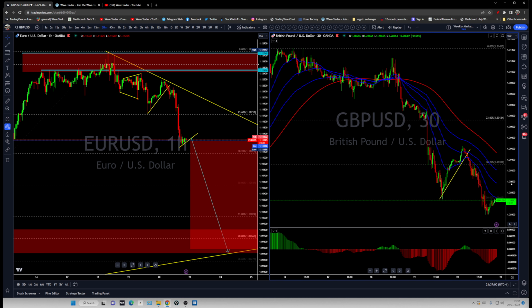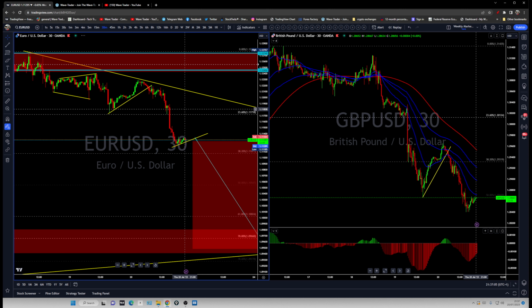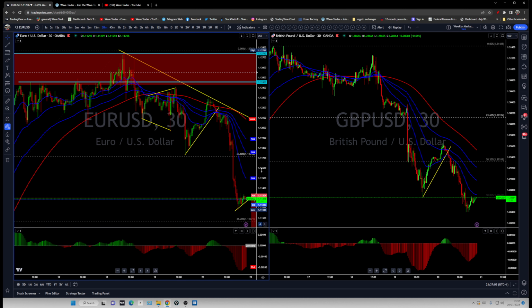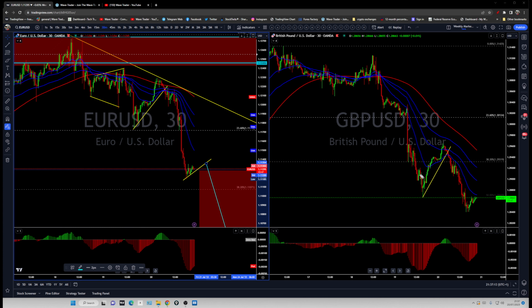So we had a 30-minute correction on the pound dollar, and that broke out. All right, so the 30-minute correction is underway on the euro dollar. Right, so you're looking for a similar kind of correction, the correction you have seen over here, and then breakout, next leg. So a similar correction to appear over there, pull a couple more candles.